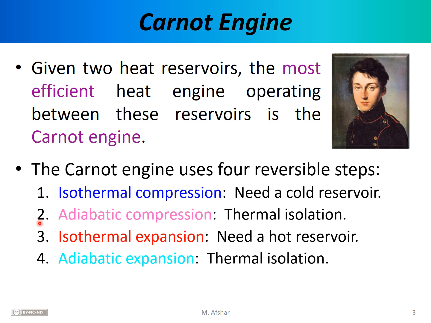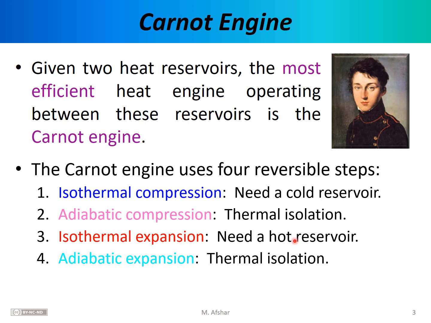The second step of the Carnot cycle is an adiabatic compression. Remember, an adiabatic process is one in which heat is zero, so there's no transfer of thermal energy in or out of the system. Therefore, for this step, we need to thermally isolate the gas so that thermal energy cannot flow in or out. The third step is an isothermal expansion. For this step, we need a hot reservoir.